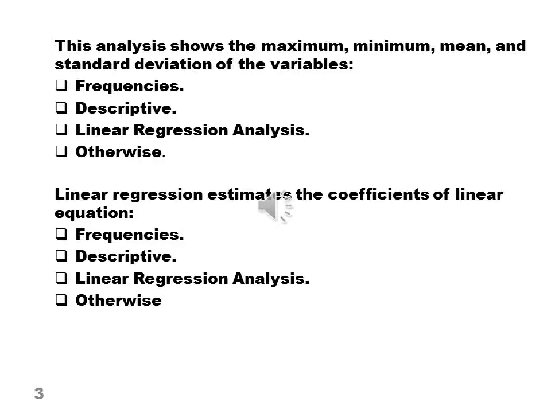Is this related to frequencies, descriptive, or linear regression analysis? This is related to descriptive statistics: mean, median, mode, standard deviation, variance, the coefficient of variation, and all measures of central tendency and dispersion. This is related to descriptive.